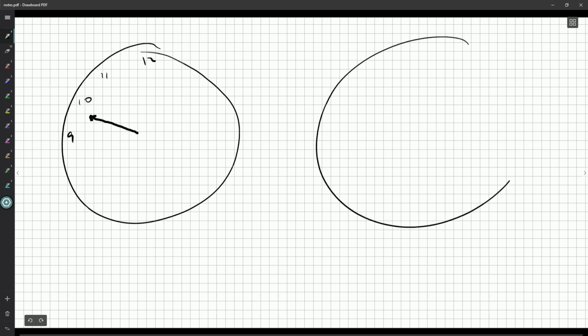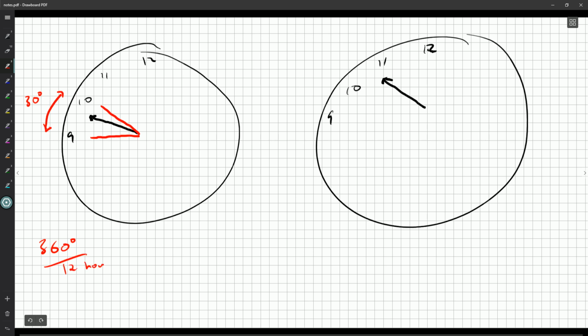And then at the end, 12, 11, 10, 9. The hour hand is pointing about here. But you can tell the time purely from where the hour hand is. I know between 9 and 10 it's 30 degrees. And we could comment that 360 divided by 12 hours is 30 degrees per hour.